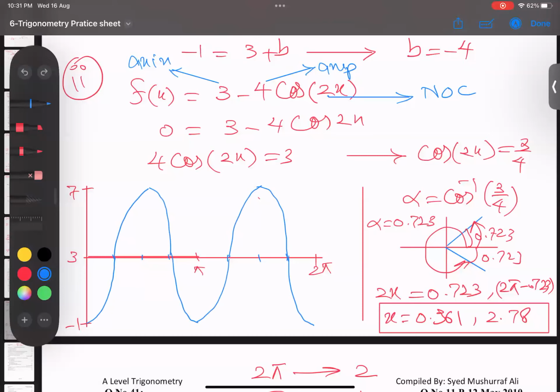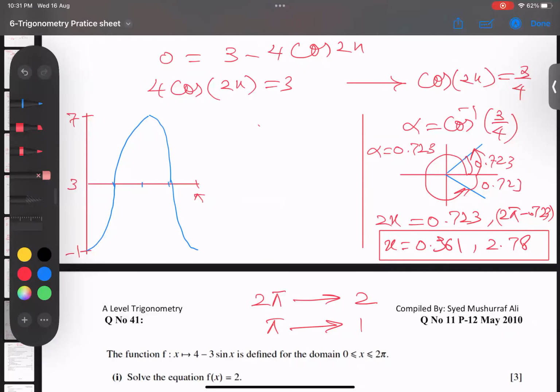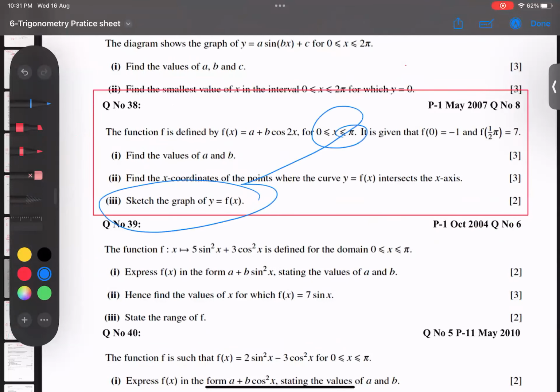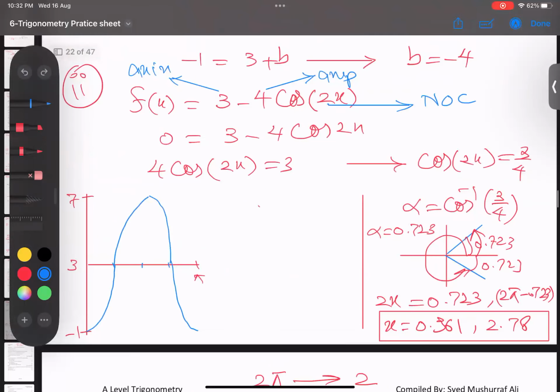Why, sir? Because he's asking for pi only. So we have to erase the remaining part. So this is my answer, and I believe you got the point very clear, because he did not tell us to sketch the curve for 2 pi. He said only pi. So I hope the point is very, very clear.